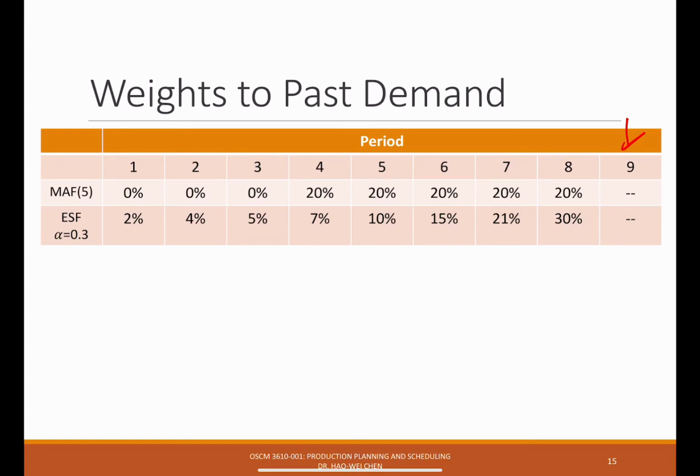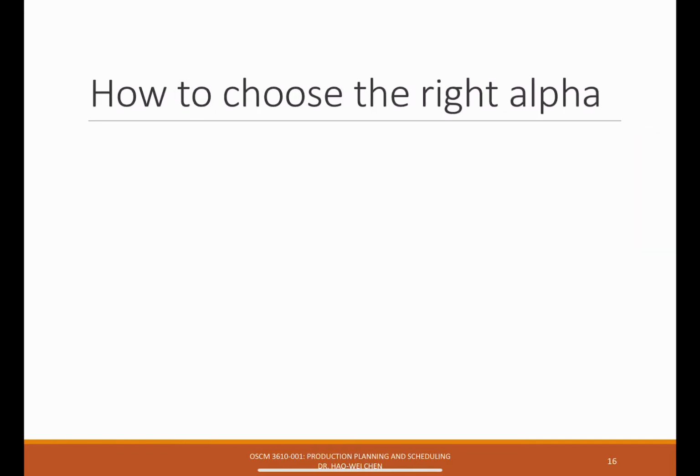However, if we want to use exponential smoothing with parameter equal to 0.3, 30% of the weight will be put on the most recent information, and 2% of the weight will be put on period number 1. So we consider all the data points, but we put more weight on the most recent information.